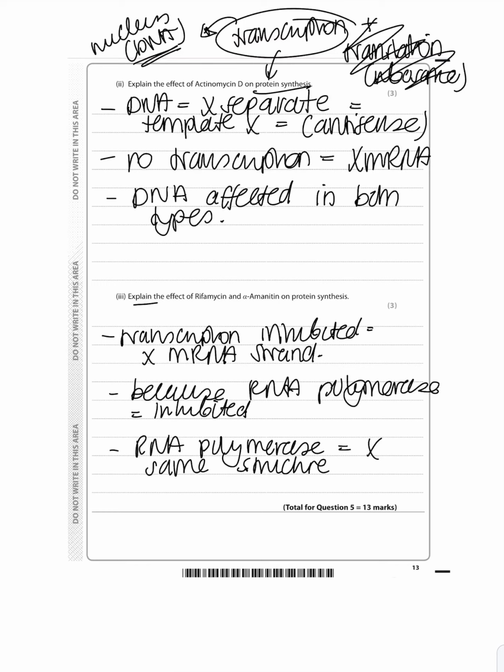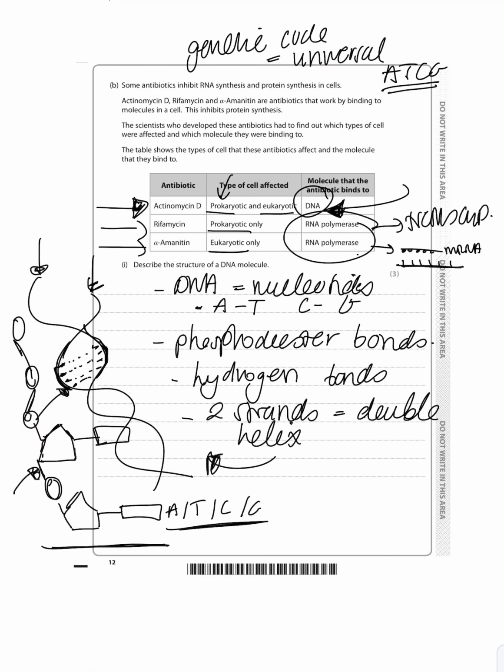So the RNA polymerase in eukaryotes is different to the RNA polymerase in prokaryotes in terms of structure. They both may have the same role but different structures, and so these two antibiotics are also different in structure. And so the antibiotic rifamycin will affect this structure of the RNA polymerase, and alpha-amanitin will affect this RNA polymerase.